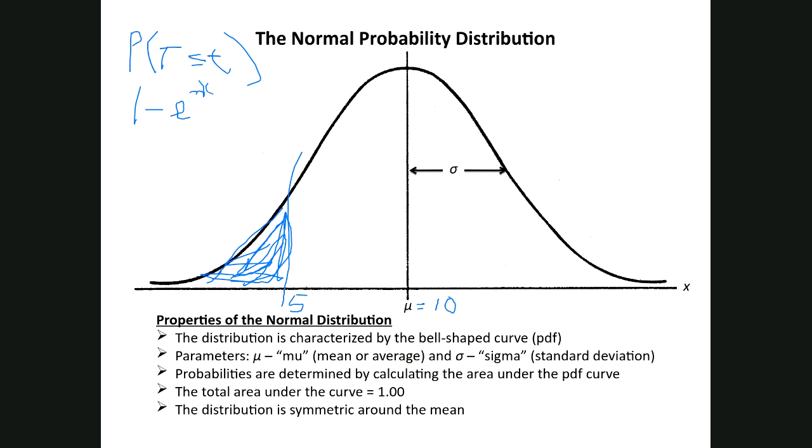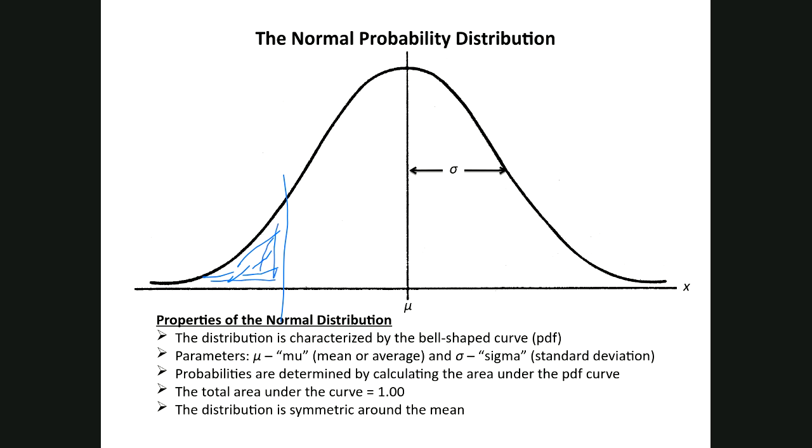Well, that's not the way this works for the normal distribution, because the calculation of the area to the left of 5 in our case is not a trivial calculation. So our question becomes, how do we calculate this area?